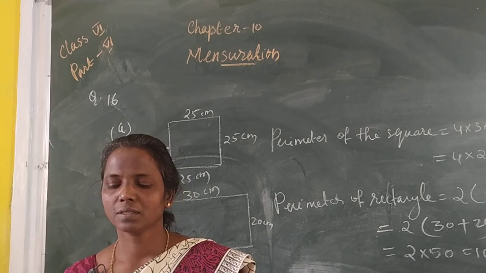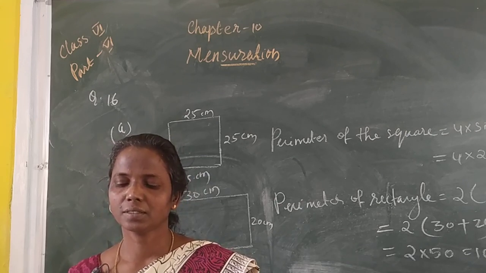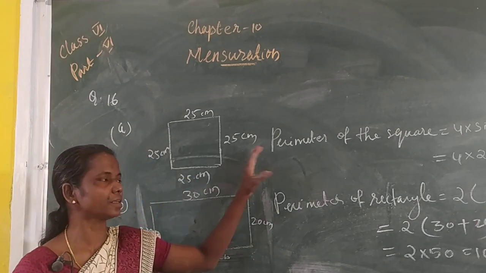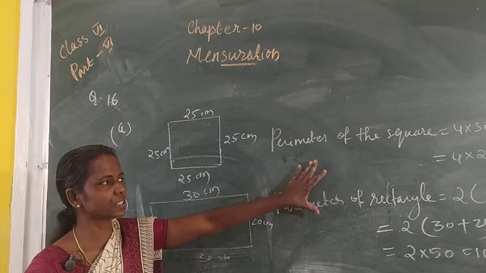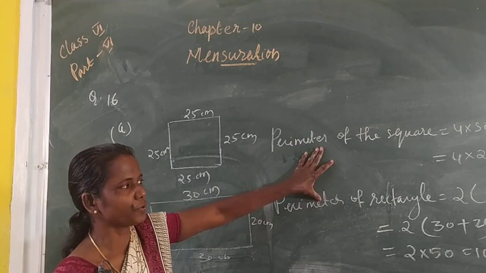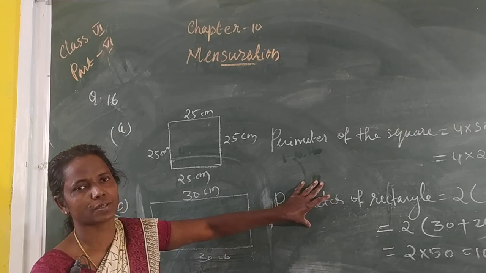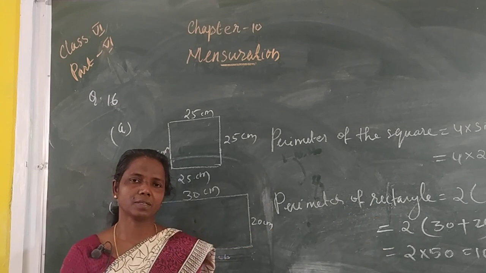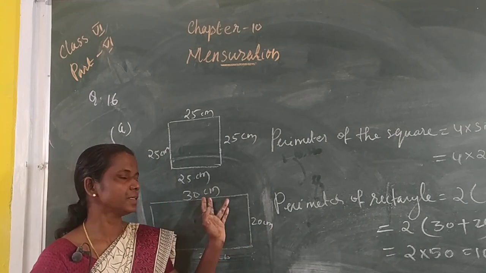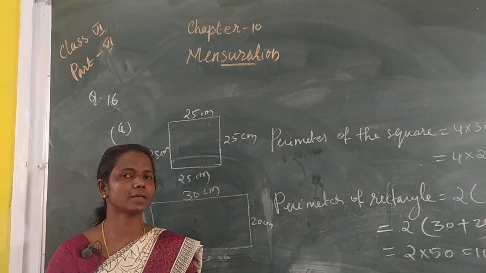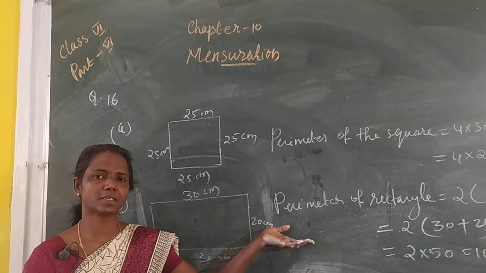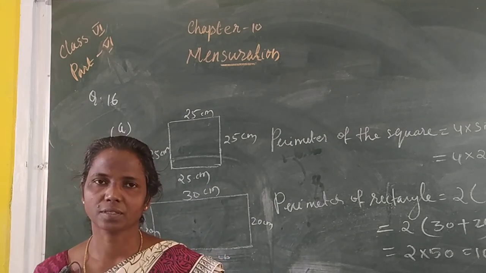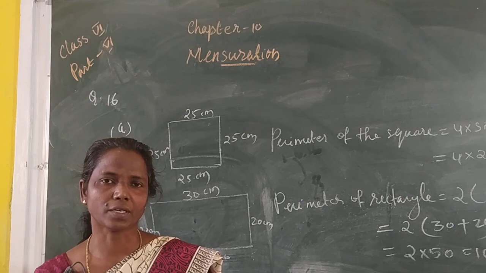Then next, C and D you find yourself and compare the perimeters. What do you find out? And this also you write in your copy. You will get the same perimeter. It means A, B, C and D all have the same answer, but here the measures are different and the shapes are also different. This also you write in your copy.